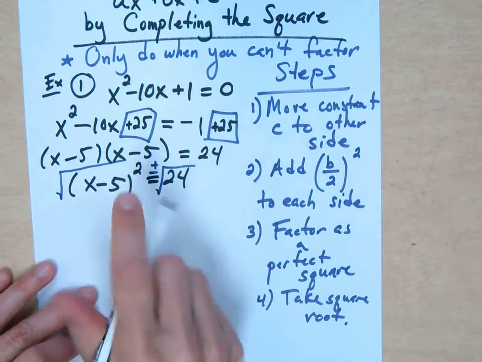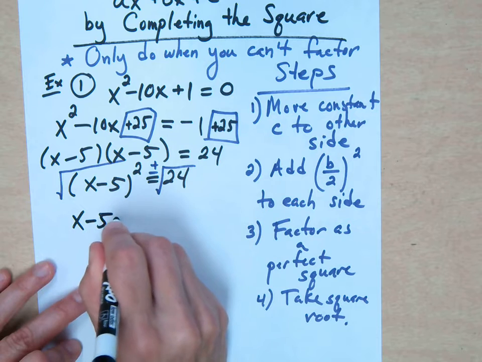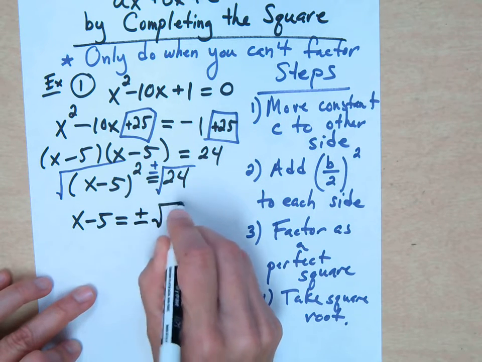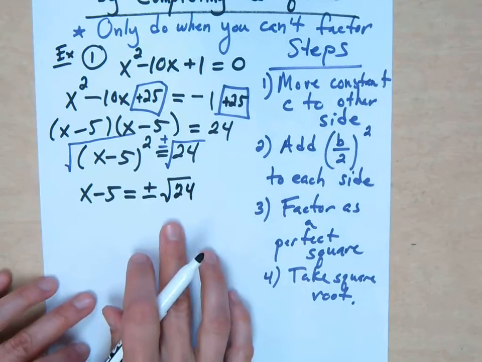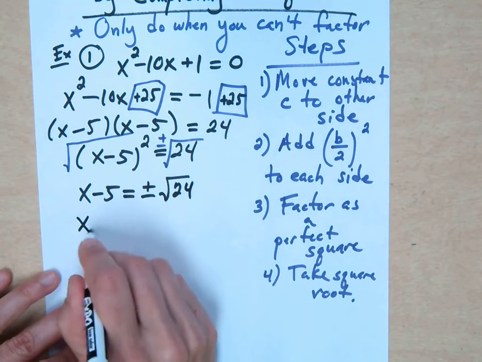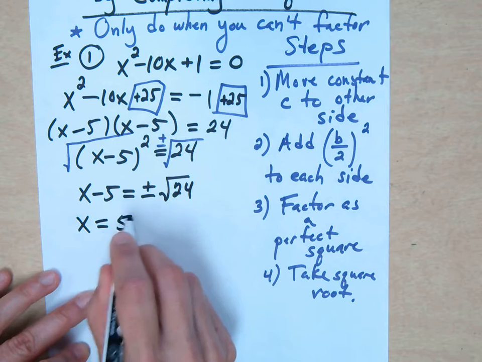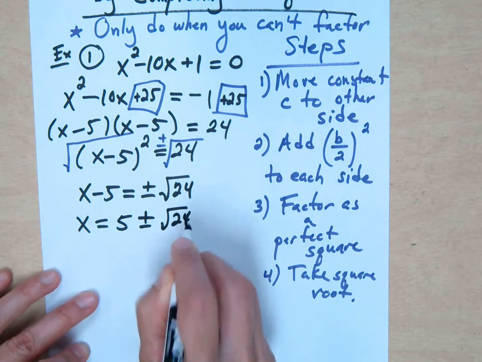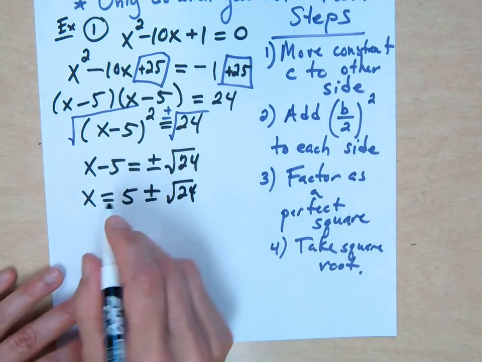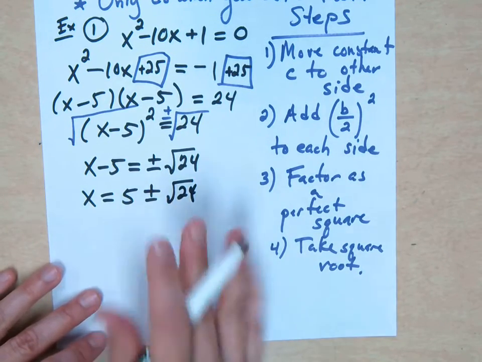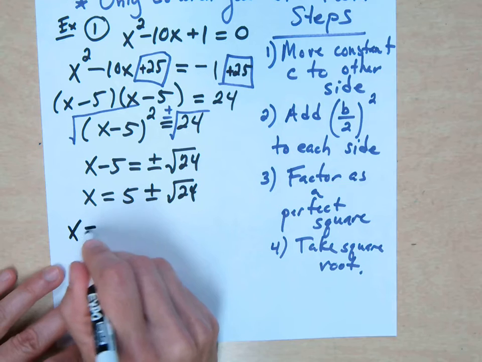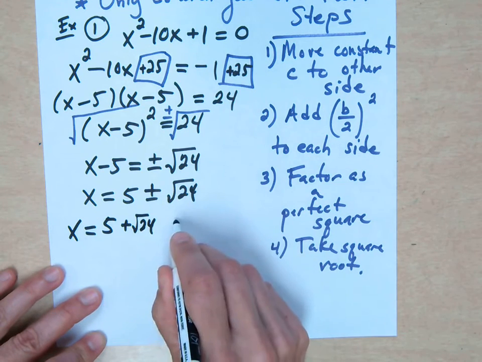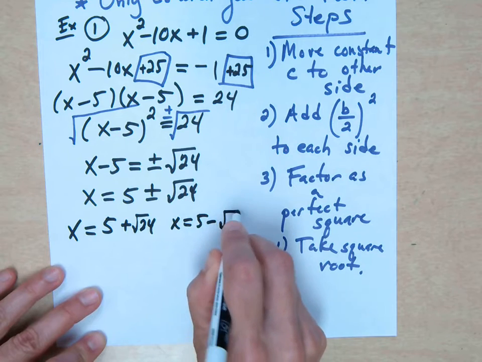The square root and the square cancel each other out on the left. Here I have plus or minus the square root of 24. And now all I have to do is add 5, and I have what x is. Add 5, plus 5, plus 5. So we get 5 plus or minus the square root of 24. Our two answers are decimals, and that explains why we couldn't factor it in the first place. One answer is 5 plus the square root of 24. The other answer is 5 minus the square root of 24.